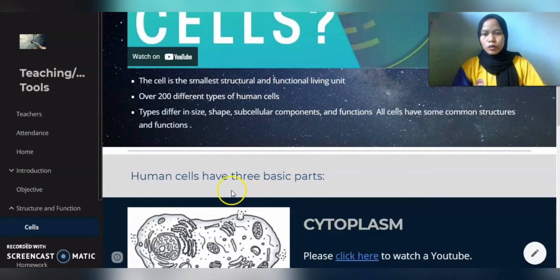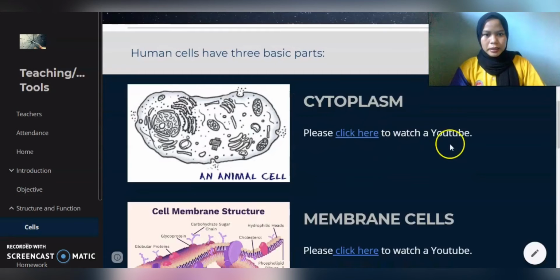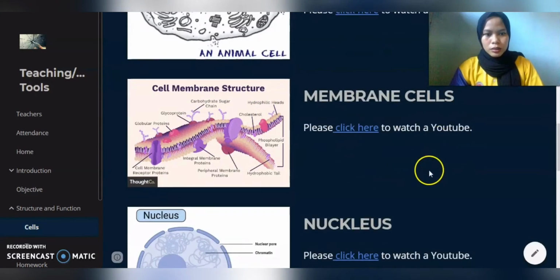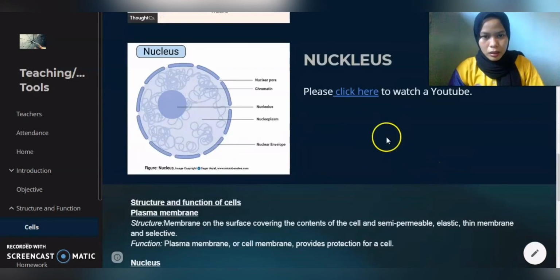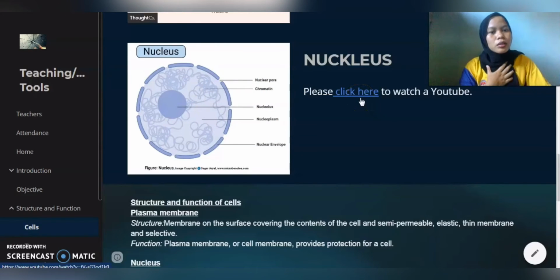Here, human cells have three basic parts. First, cytoplasm, and click here to watch a YouTube video. And here is the paragraph. Second, the cell membrane, the paragraph here, and click here to watch a YouTube video. And lastly is the nucleus, the picture given here, and the link to watch the YouTube video is here.